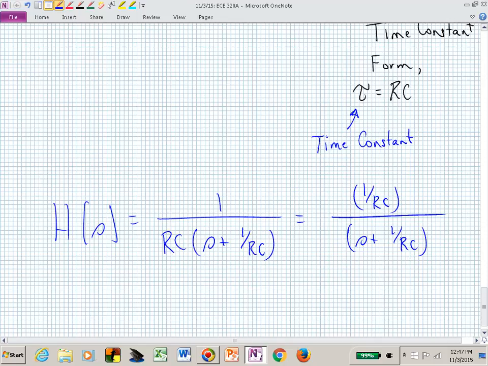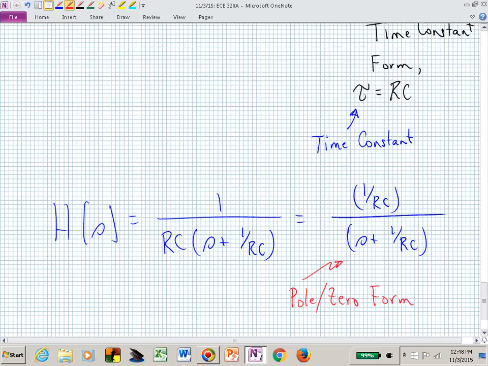It's equivalent. It's exactly the same transfer function. It's just now in what I call pole zero form. The poles and the zeros are explicitly found by looking at these factors in the numerator and the denominator.